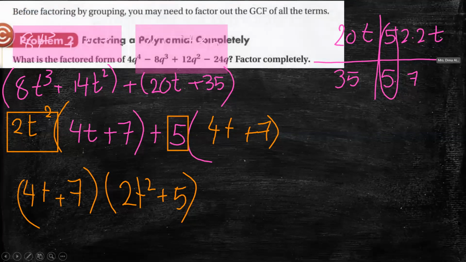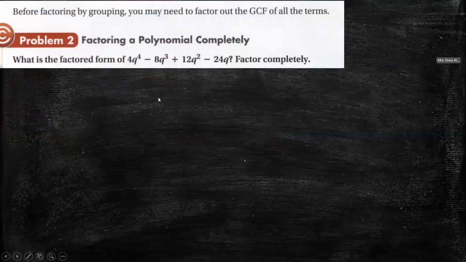Sometimes, look at this example here. We have 4q to the power 4 plus 8q cubed plus 12q squared minus 24q.